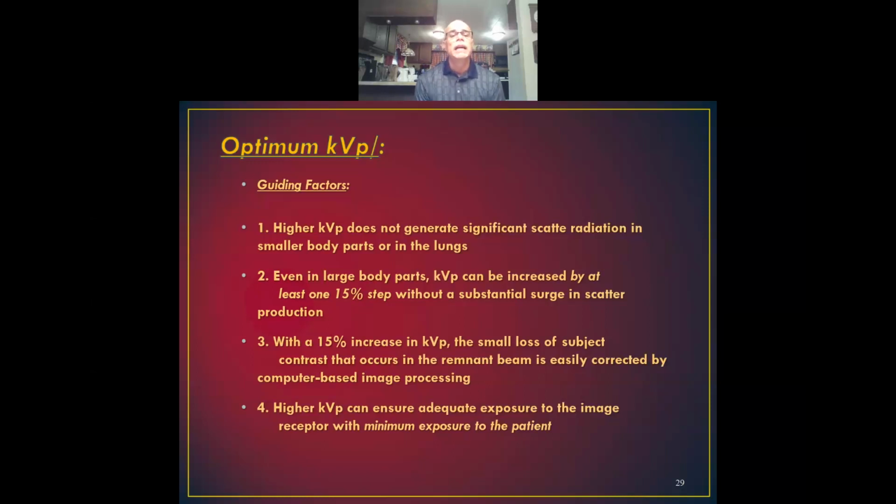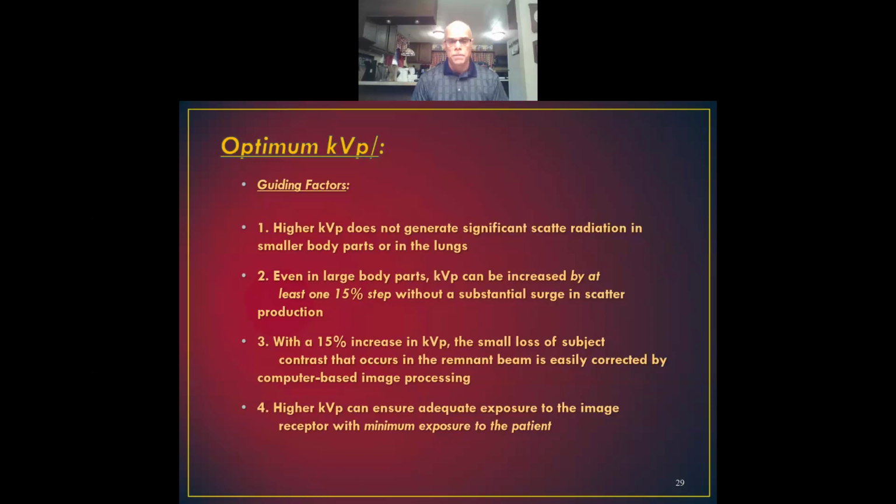In other words, if you do lose that subject contrast because you stretch the scale out longer from using higher KVP, it does not really matter because there is a computer-based application that will be able to correct this for you.